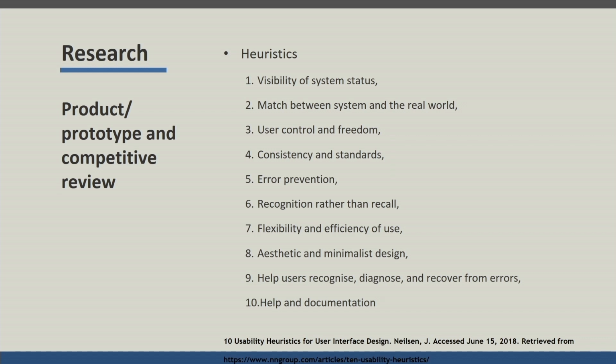So these are visibility of system status, match between system and the real world, user control and freedom, consistency and standards, error prevention, recognition rather than recall, flexibility and efficiency of use, aesthetic and minimalist design, help users recognize, diagnose and recover from errors, and help and documentation. So these are 10 different heuristics which are used by the experts to review existing products or prototypes in the chosen domain.